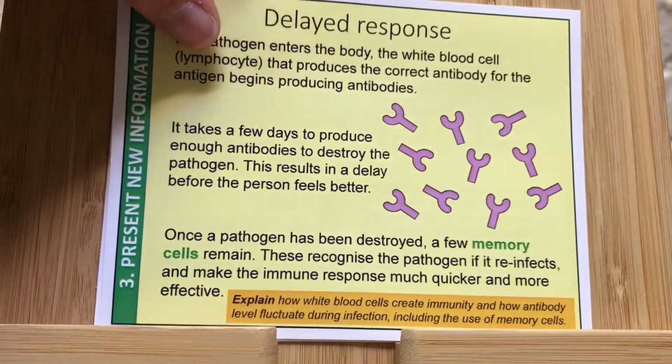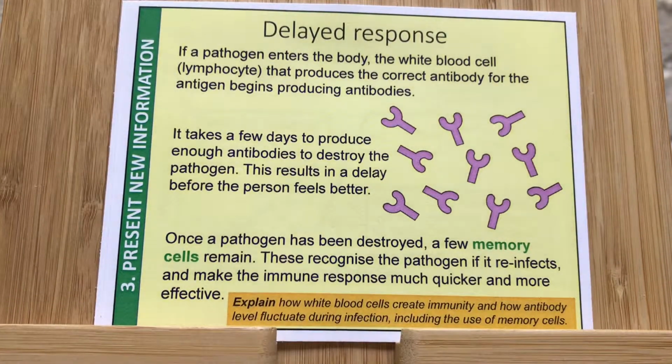So we've got some information here about what I've just talked about. If the pathogen enters the body, the white blood cell, known as a lymphocyte, produces the right antibodies for the antigen. The antigen is that part of the pathogen, the protein marker that the antibody then attaches to. More about that in the white blood cells video.